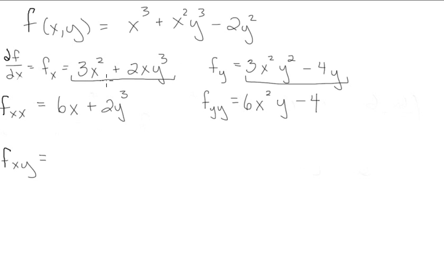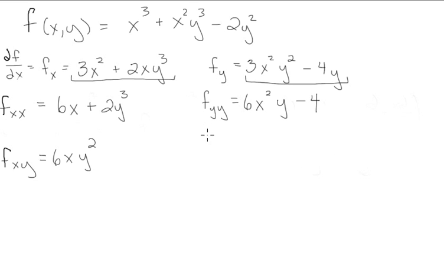I'm now going to take the derivative of this term, except with respect to y. The derivative of 3x squared with respect to y is 0. There are no y terms there. The derivative of 2x times y cubed with respect to y, I bring down the 3. My x is a constant. I have 6xy squared. And I'm done.